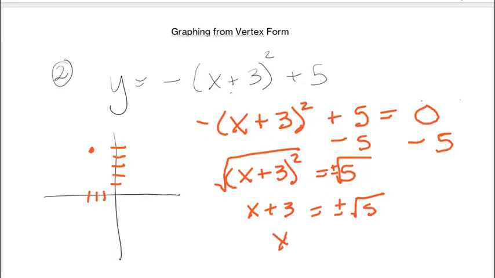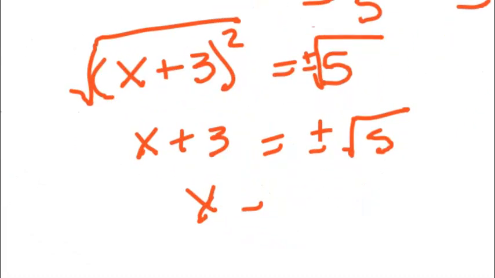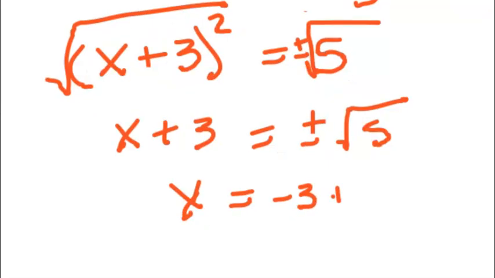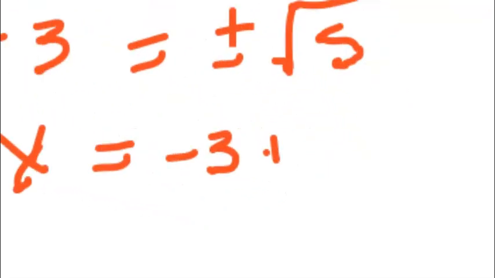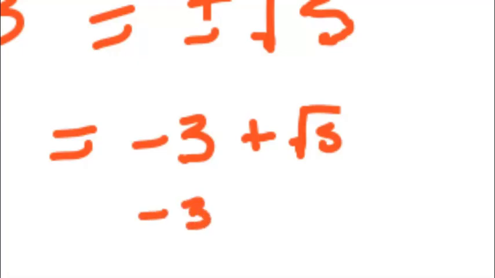So I would have 2 zeros. One at negative 3 plus radical 5, and one at negative 3 minus radical 5.